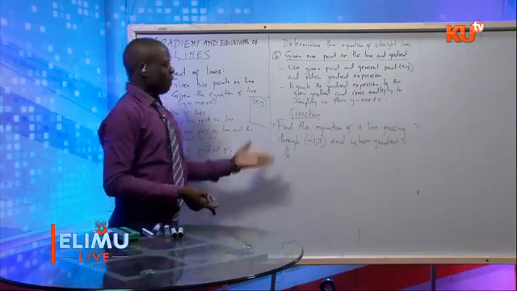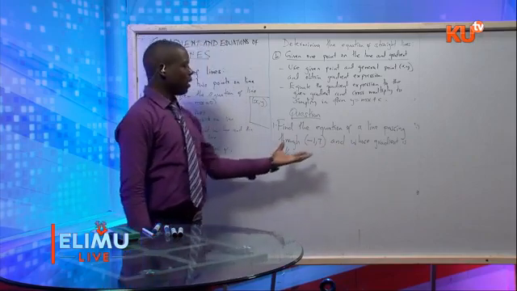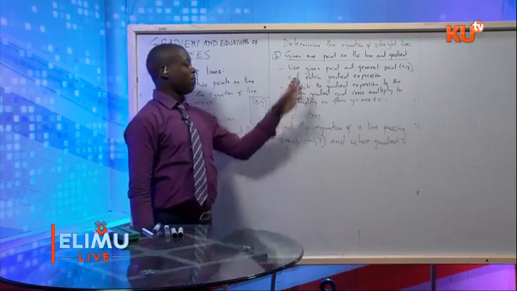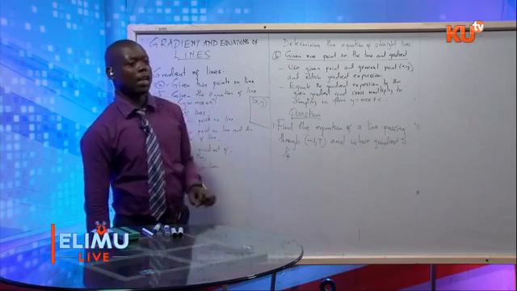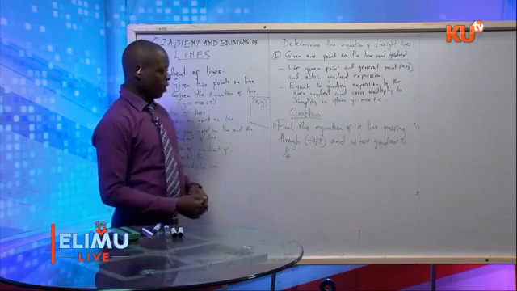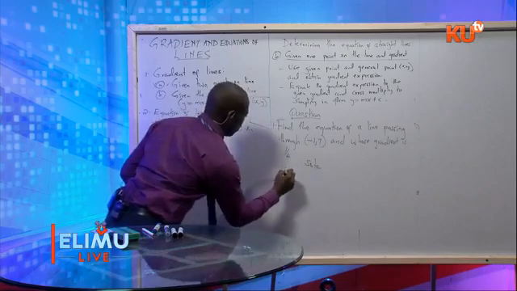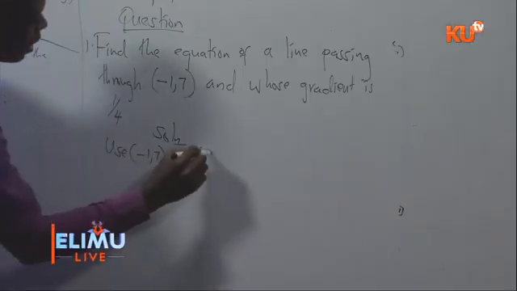So unlike the previous example, where we were given 2 points, here we've been given only 1 point. So you start from the given point and a general point xy to obtain now the gradient expression. We'll use the point -1, 7 and xy.